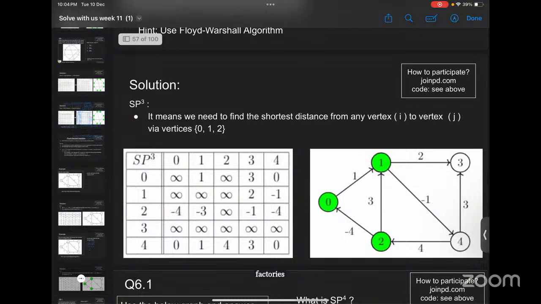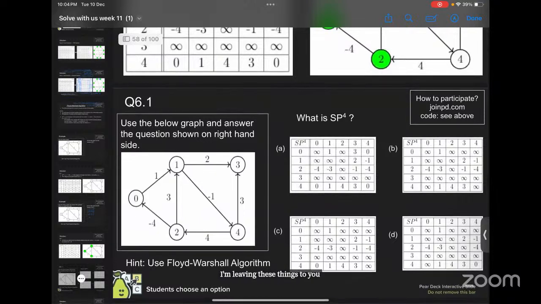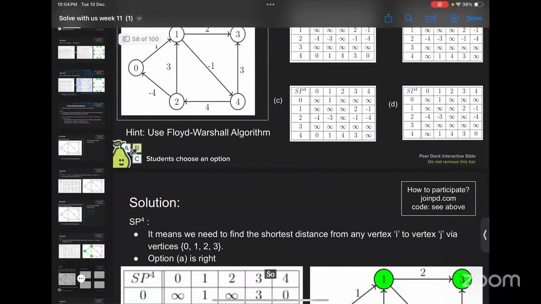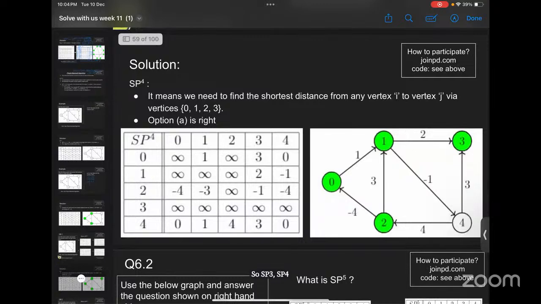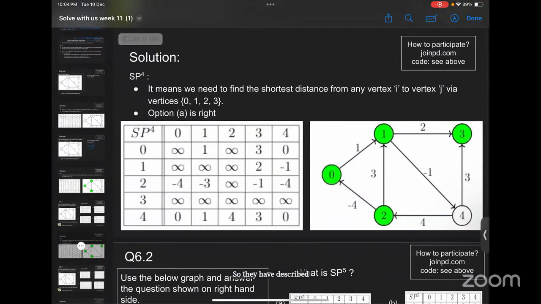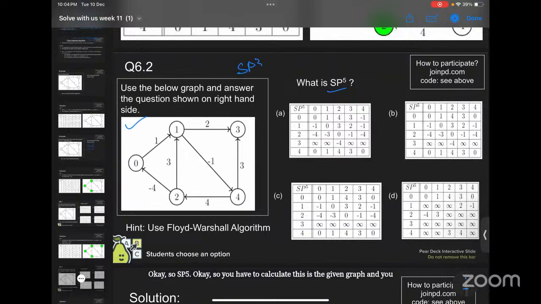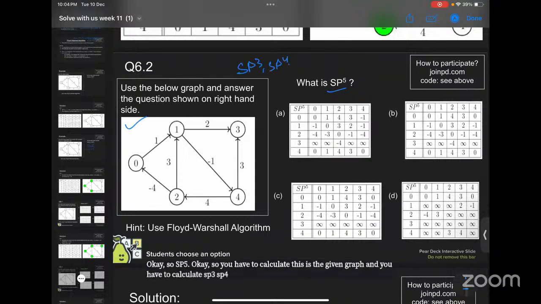Again, I'm leaving these things to you. So SP3, SP4, and SP5. They have described the method. So you have to calculate SP5. This is the given graph, and you have to calculate SP3, SP4, and SP5.